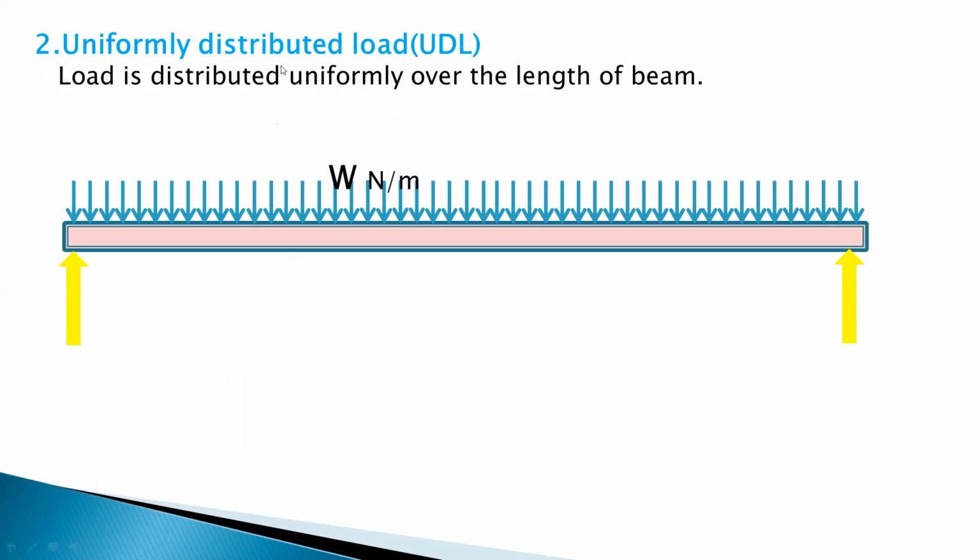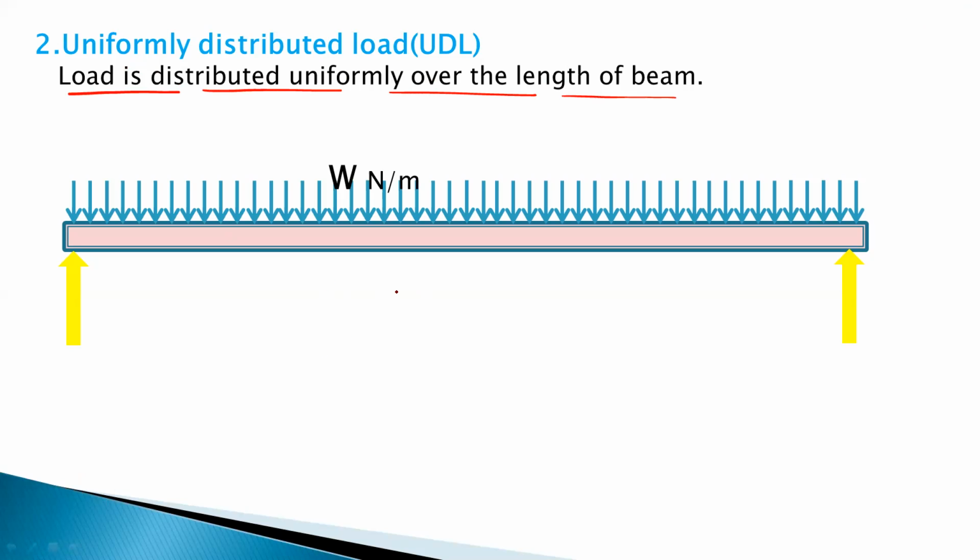Then the second load is the uniformly distributed load. The meaning of uniformly distributed load is, if the load is uniformly distributed over the given length or the given span for the beam or any object, then that loading is called a UDL, or the uniformly distributed load.